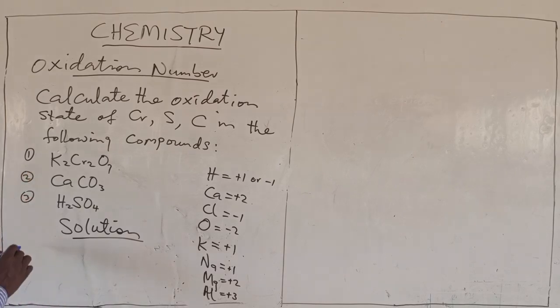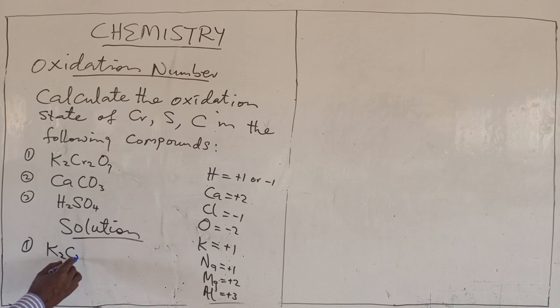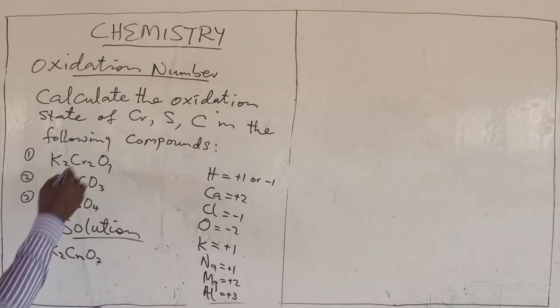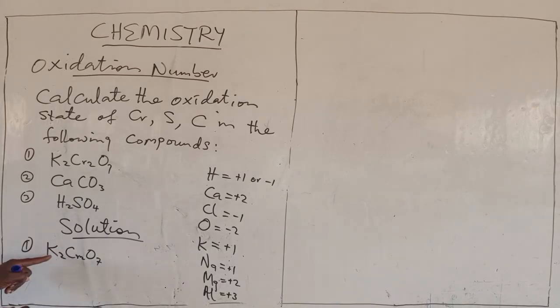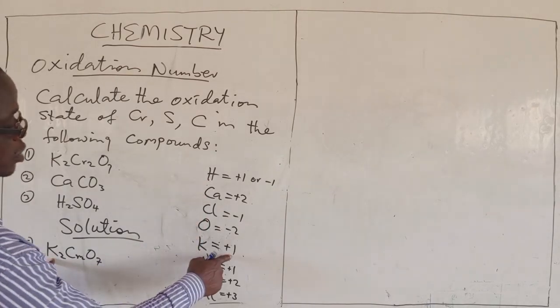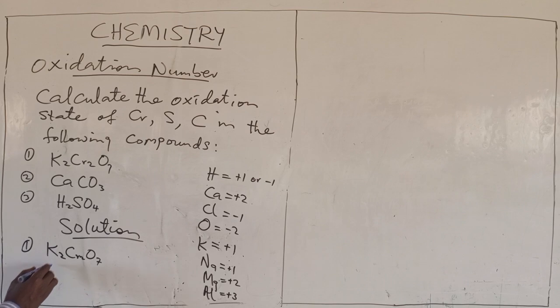Like now, number one, let's see potassium K2Cr2O7. They said you should calculate the oxidation number of this. So here you are told that K is what? +1. Times how many? 2. So that +1 times these 2, since there are 2 there.